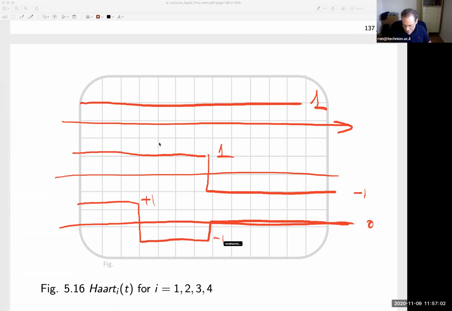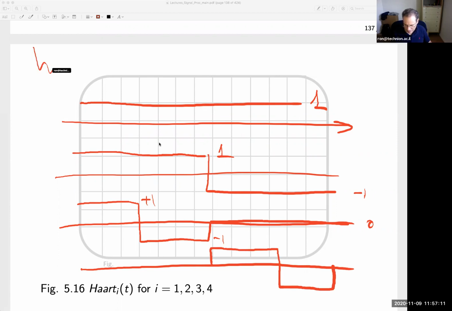And the fourth one would split the rightmost interval, so it would be like that. Okay, so this would be Haar 4. So this is the first, the second, the third, and the fourth. Okay. Now the question is, what do we do with that?